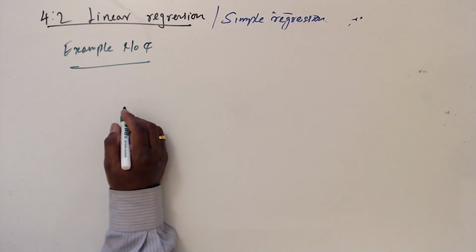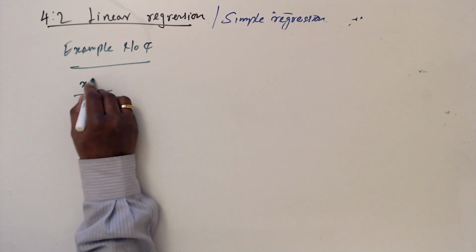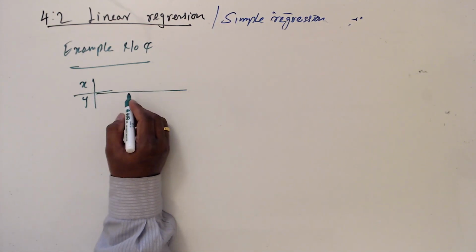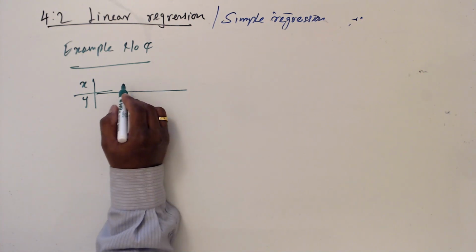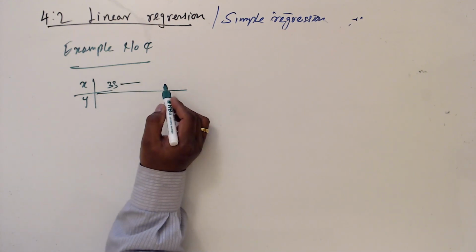As a table, there is an independent x and a dependent value. I can see the minimum is 33, so the minimum is 33 and the maximum is going to be 40.